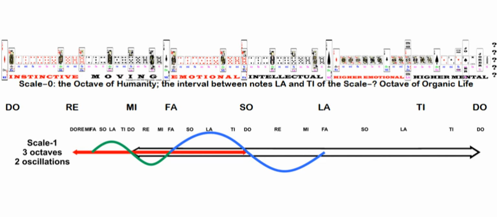The oscillations of these oscillating does are shown as the green, minor, and blue, major sine waves, each going from far to far. The range of the oscillating do of the minor oscillation is shown as a red arrow, and the range of the oscillating do of the major oscillation is shown as a hollow black arrow.